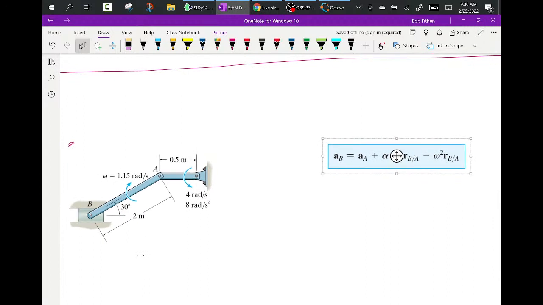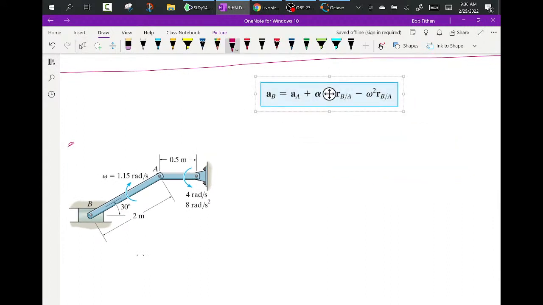Now, the A and B may be different, so I've got to go back and put a pin here. So the acceleration of A is equal to, and I like to write this first, alpha of AP, the pin, crossed with R_AP, minus omega, the scalar value of AP, squared times R_AP, plus the acceleration of the pin.